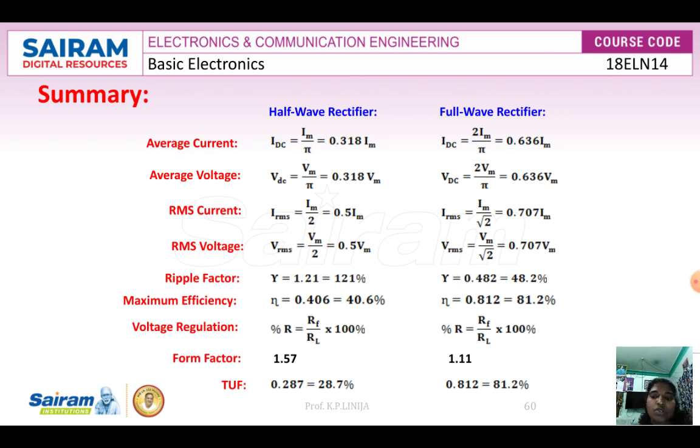The efficiency shows it very clearly: for the half wave rectifier it is 40.6%, but for the full wave rectifier it is 81.2%. So this is the summary of the half wave rectifier and full wave rectifier, the DC voltage, current, and all these parameters. Hope everybody understood this rectifier concept, starting from circuit operation up to the summary. Thank you so much.